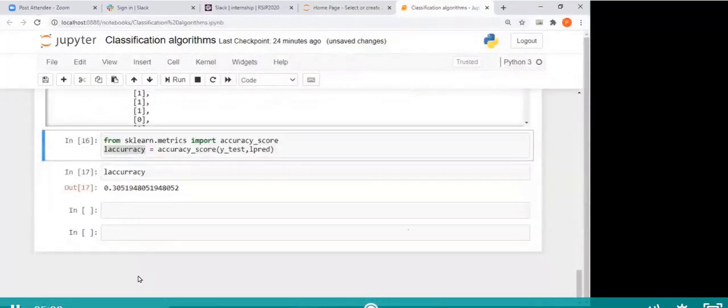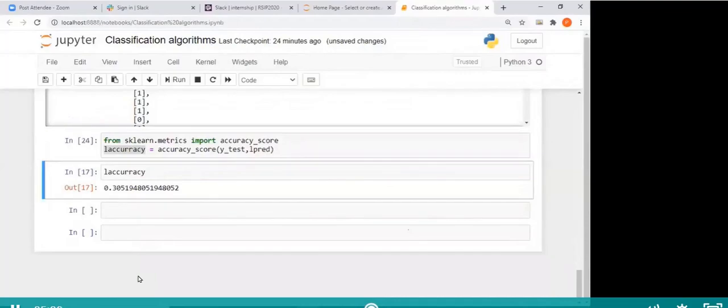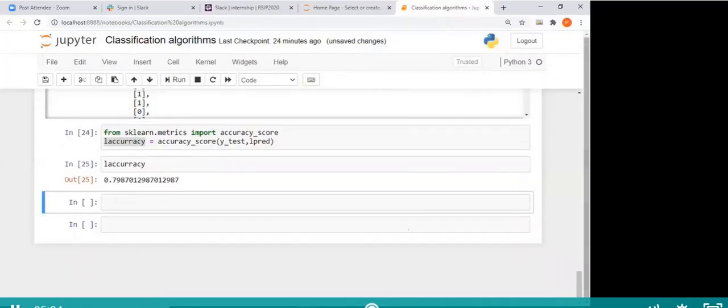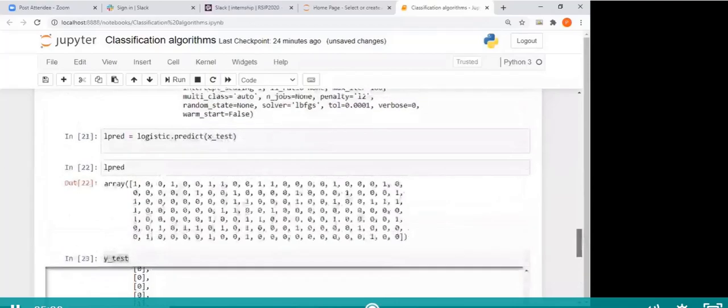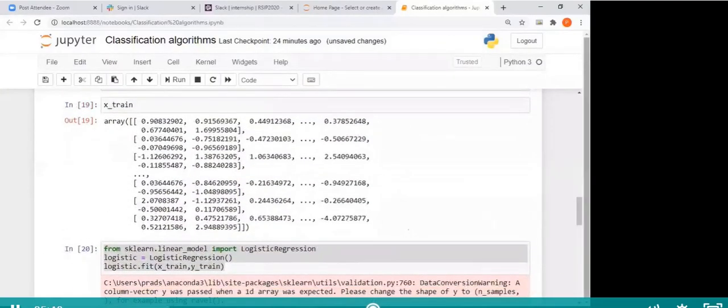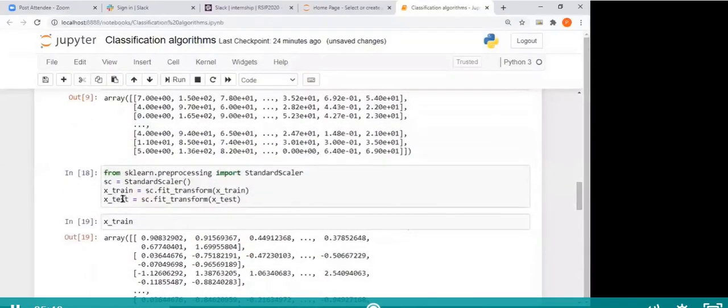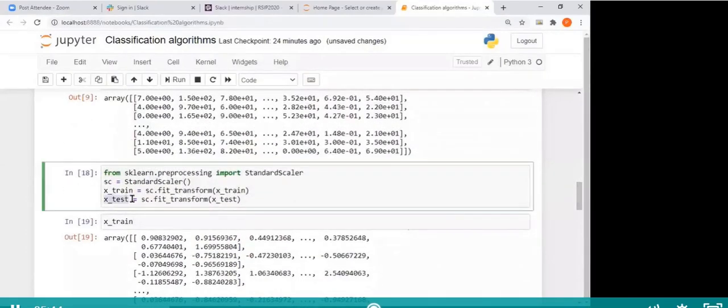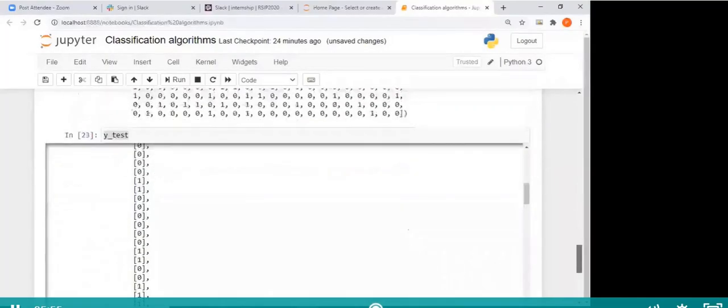Now my algorithm, thank God, at least I got 79. So here I've done standard scaling to X test. I've given a wrong variable, guys. Sorry. So have you seen? If suppose I don't standardize the values, I got all the wrong answers.